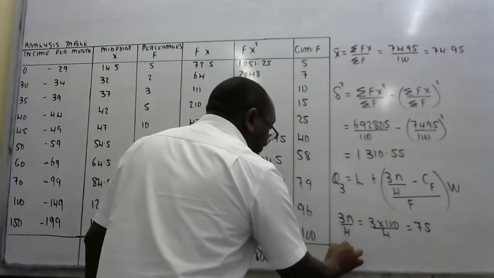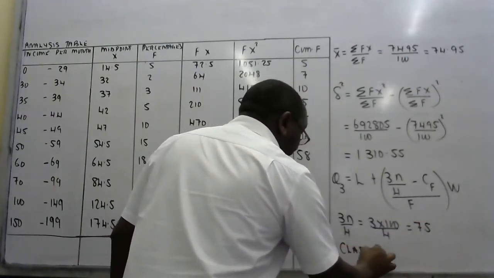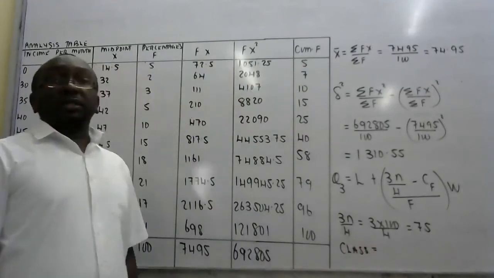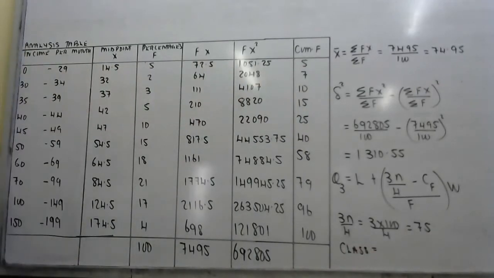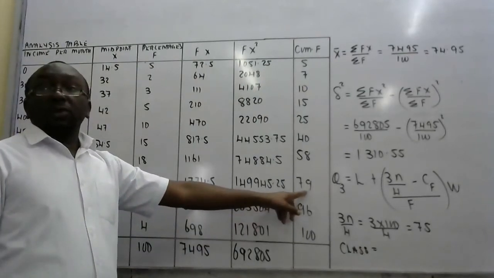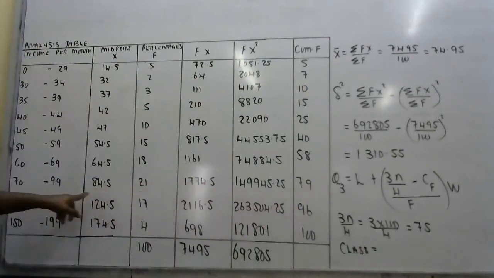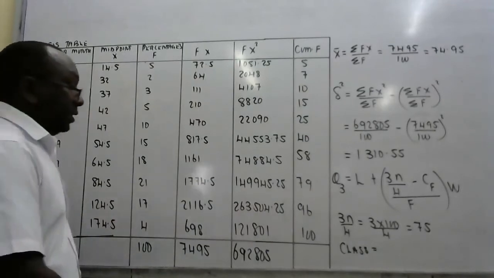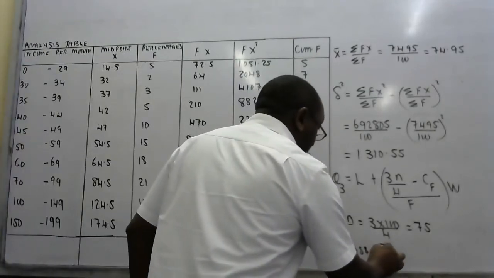So the class, we need to know which class is that. Nakuja unatafuta 75. 75 lazima ikuwe hapa. So it is the class of 70 to 99.